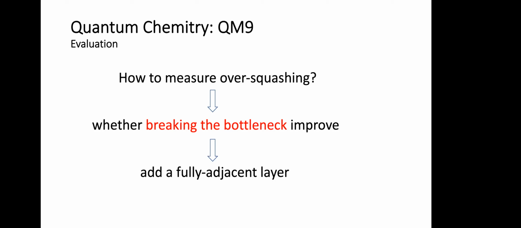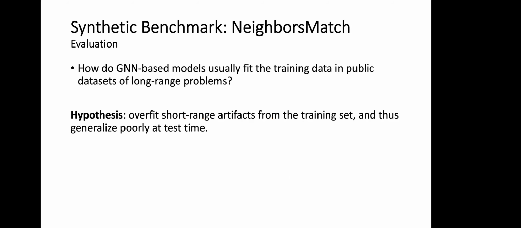Sorry, I have a question. Okay, sure. From the previous slide, their hypothesis is that GNN-based models generalize poorly at test time. Is that a well-known fact that all GNNs have low generalizability?